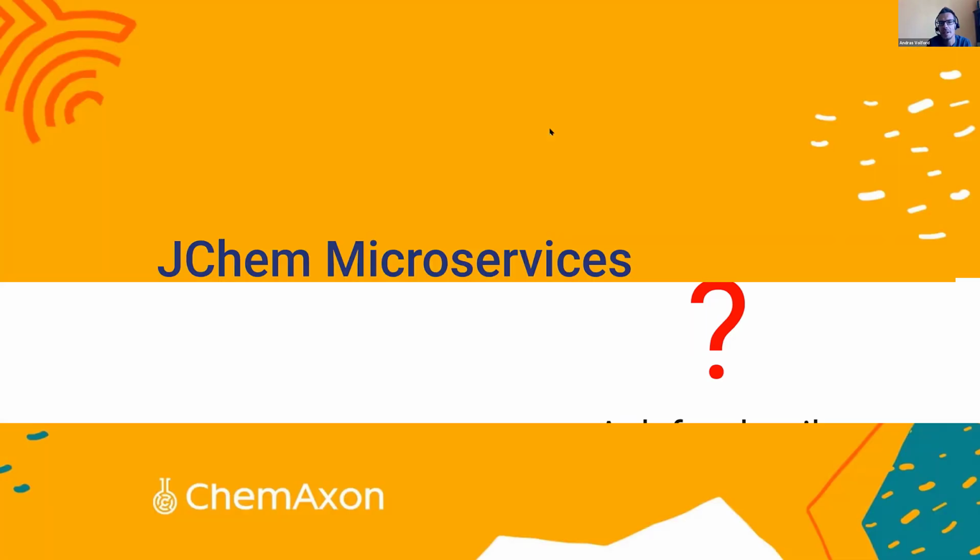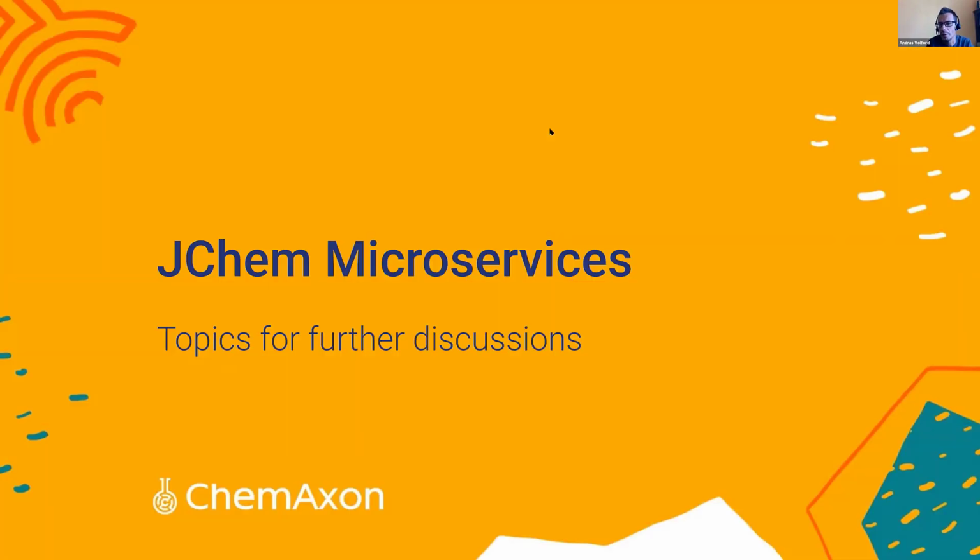Later on, he will also provide some nice examples of how to migrate, for example, your database from JChem Web Services Classic to the microservice architecture. Balú, the stage is yours.